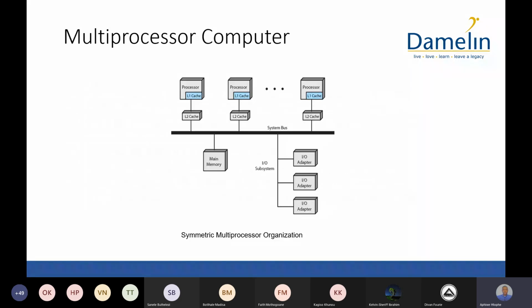We refer to it as a symmetric multi-processor organization, separate physical CPU chips within the computer. Obviously, this solution is more expensive and it's definitely going to be faster than the multi-core, because you can imagine comparing a computer that has one i5 processor inside to a computer that has 3 i5 CPU chips. It's definitely going to be faster, and definitely going to be more expensive.